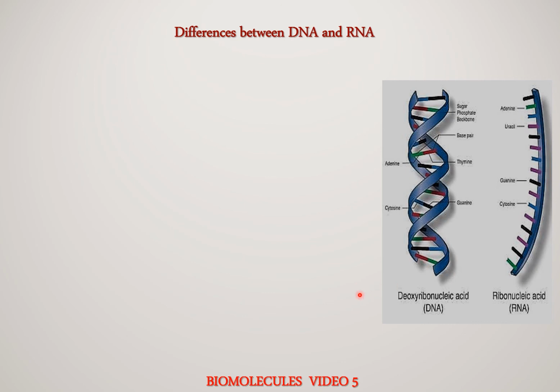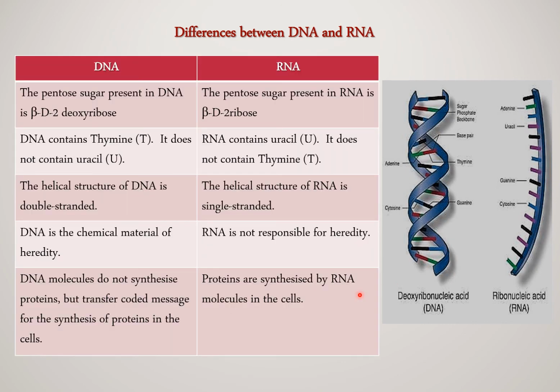The DNA and RNA, as you can see here, can be differentiated as follows. The DNA has deoxyribose as the pentose sugar, whereas the RNA has ribose as the pentose sugar.